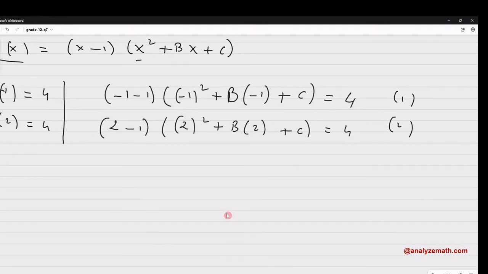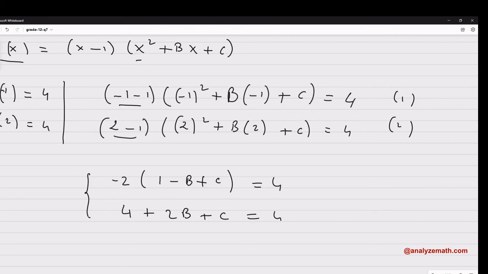When we simplify, this is −2, and then here (1 − b + c) in brackets equal to 4, and then 2 − 1 gives me 1, so we end up with 4 + 2b + c equal to 4.